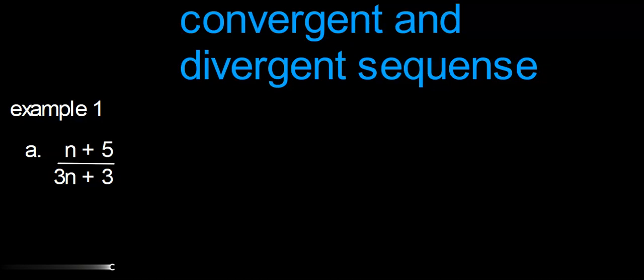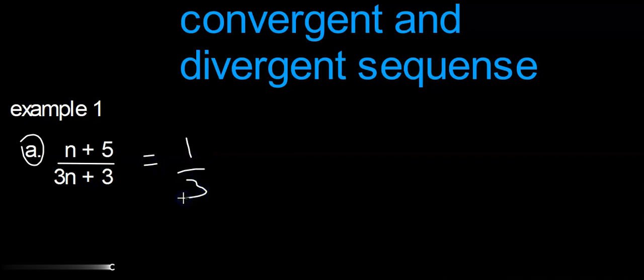The first question is (n + 5) over (3n + 3). When you have this type of question that has n in the denominator and also in the numerator, you can guess that this sequence is a convergent sequence, and it converges to 1 over 3.